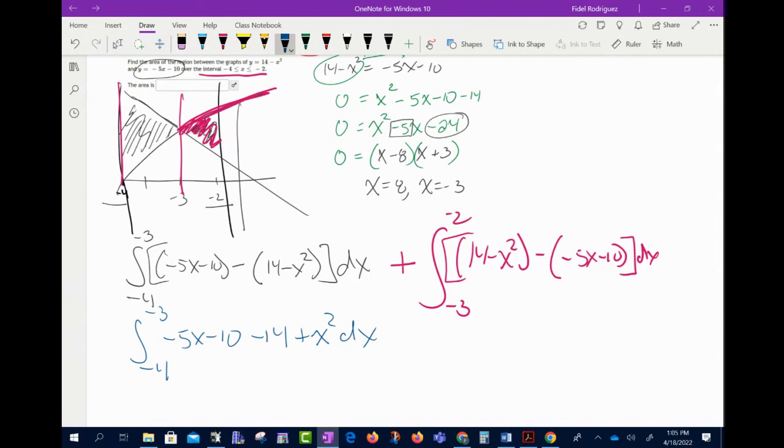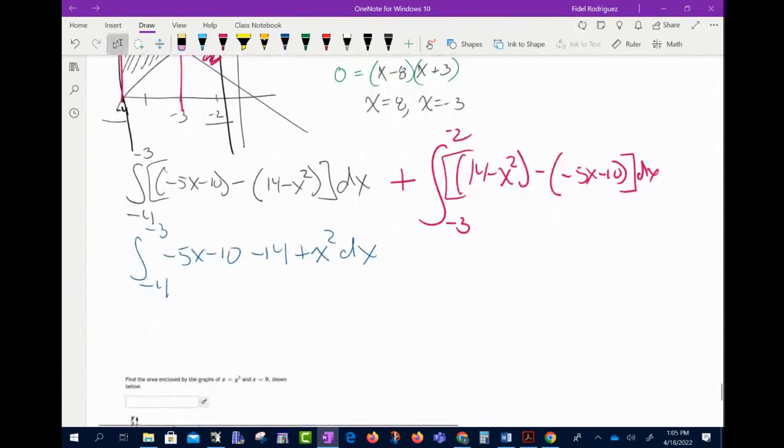Okay, let's deal with this part first, then we'll jump over to the second piece. Negative 4 to negative 3. If we combine some like terms here, I have an x squared, I have a minus 5x. What's a minus 10 and a minus 14? Minus 24. Good. All of that is my dx.